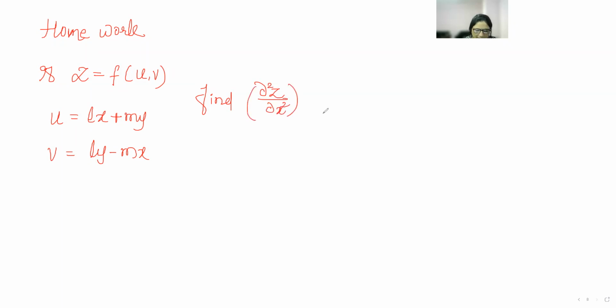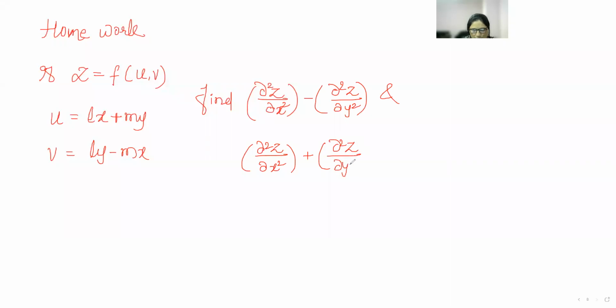There is a difference between bracket square and second derivative. Here it is the second derivative now. Minus dou 2z by dou y square. And the second term is, we have to find dou 2z by dou x square plus dou 2z by dou y square.